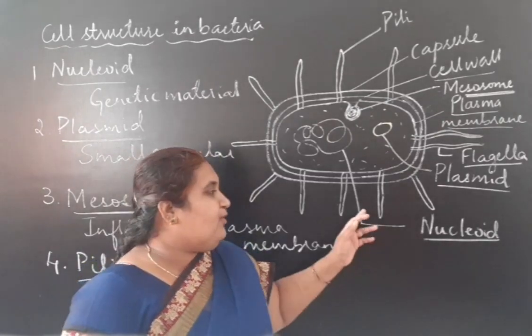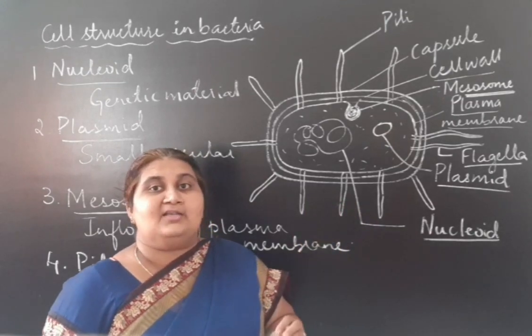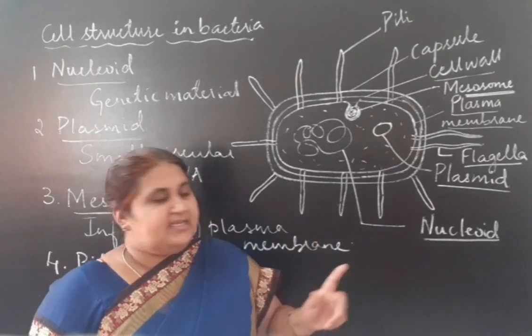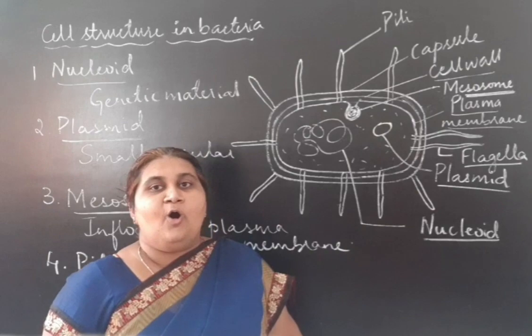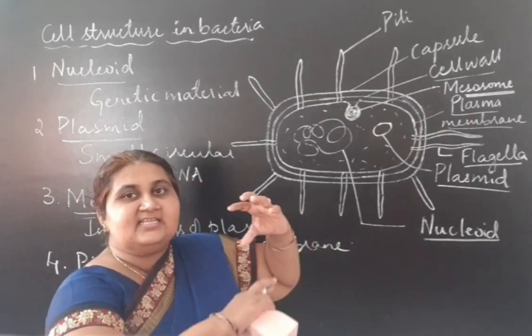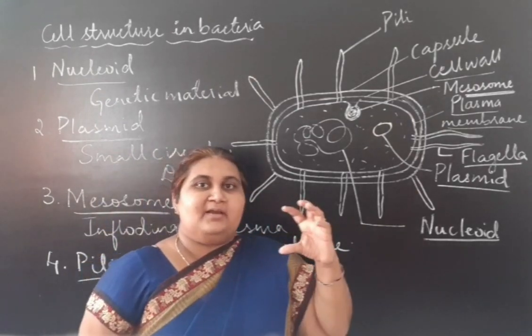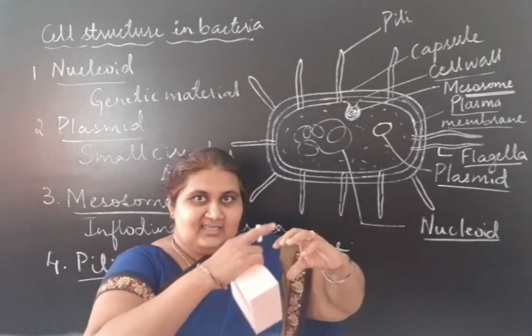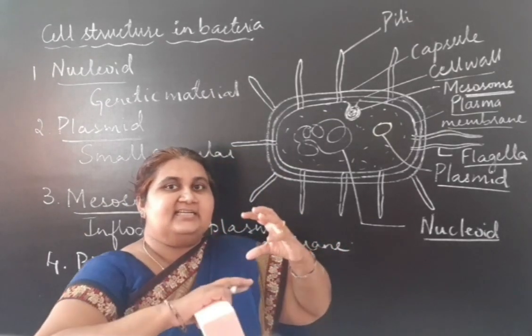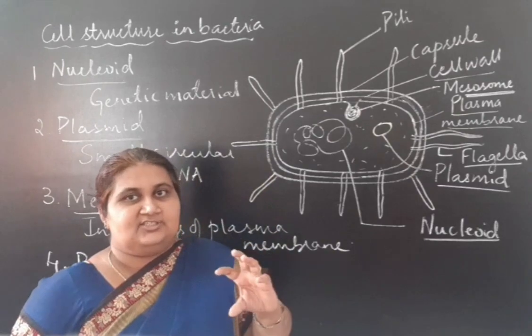What is it made up of? It is made up of a protein called pilin. Hollow in nature, inside it is hollow, like a water pipe you might have seen, which has only an external wall. Inside it is empty, a tube-like structure.